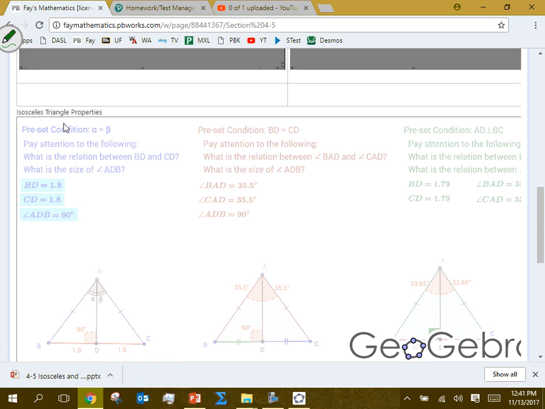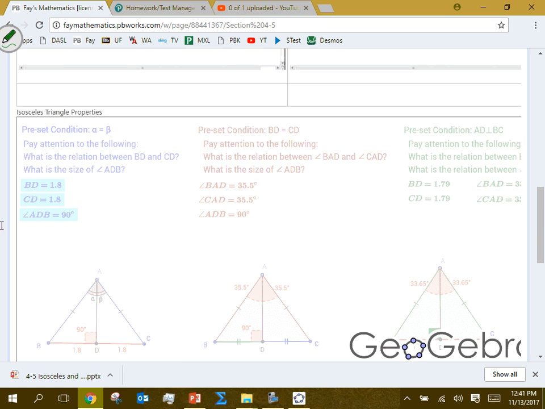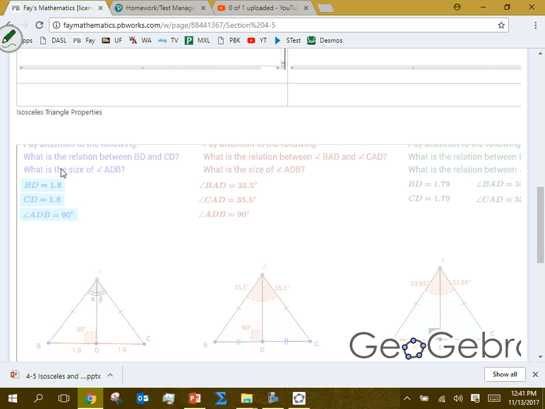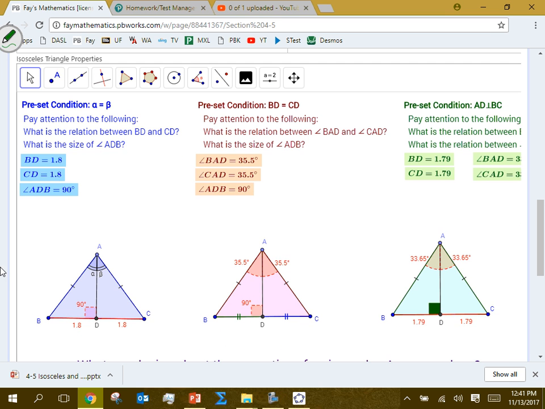These isosceles triangle properties here. Because we're zoomed out real far, it's kind of hard to read some of this, at least in the picture if you're far away. But what this is saying is we've got some preset conditions. Right here my preset condition is that alpha is equal to beta. Alpha is just this angle right here where my cursor is, and beta is this angle right there.